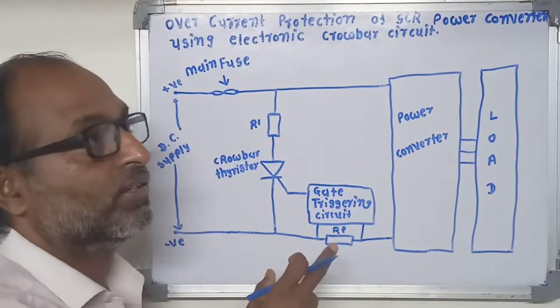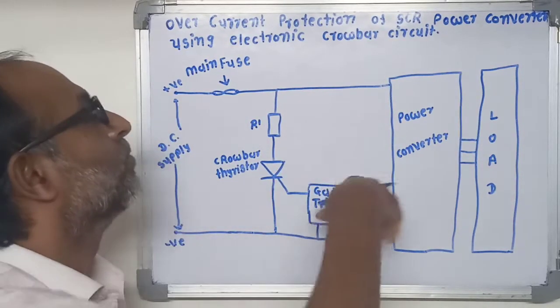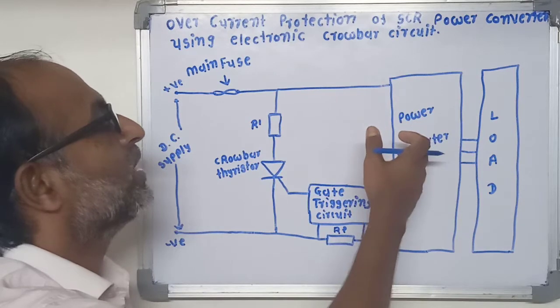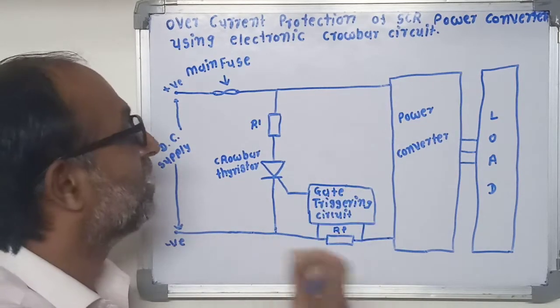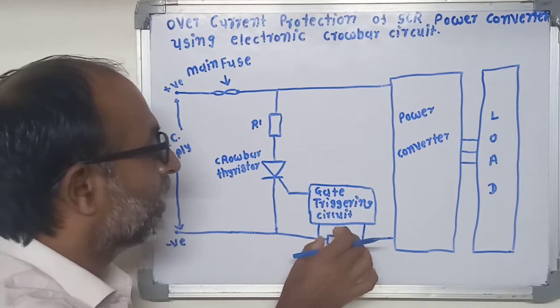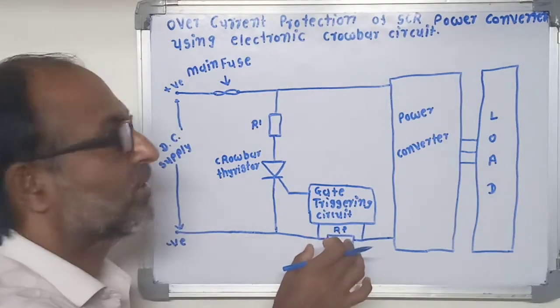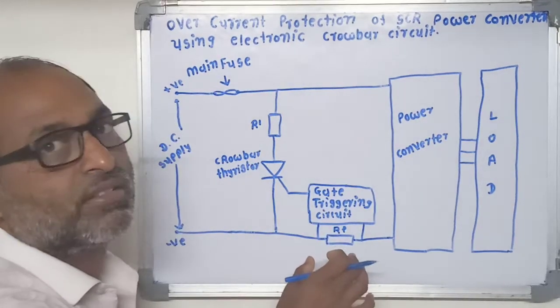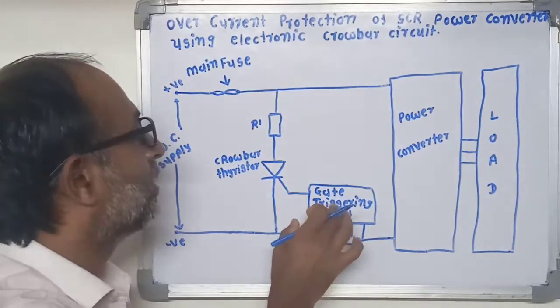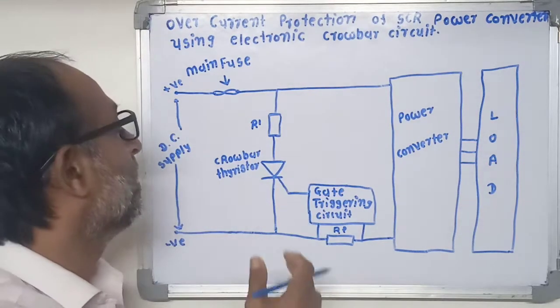But when, due to any reason, more current is drawn by the converter beyond its safe limit, more voltage drop appears across this resistance. Now this high voltage provides sufficient gate current to turn on the thyristor in a few milliseconds.